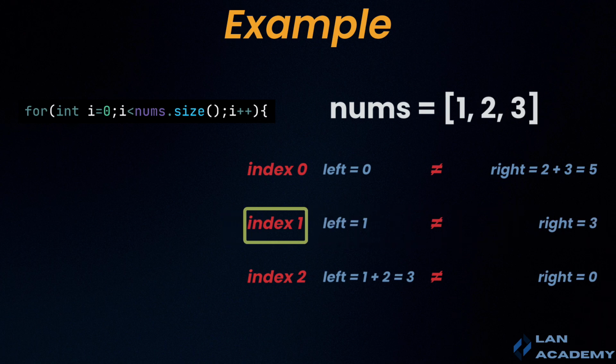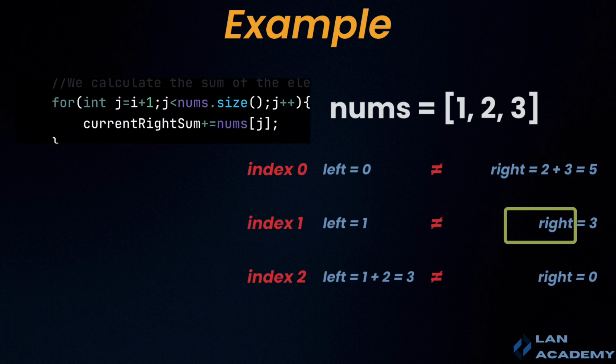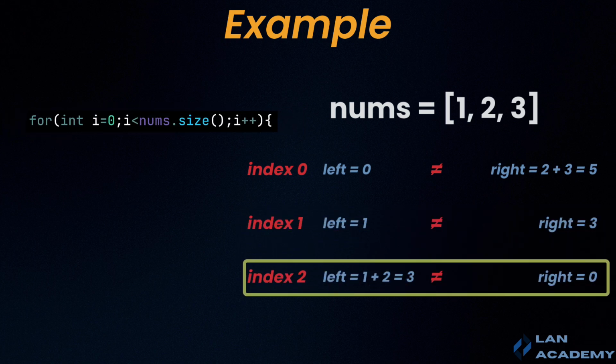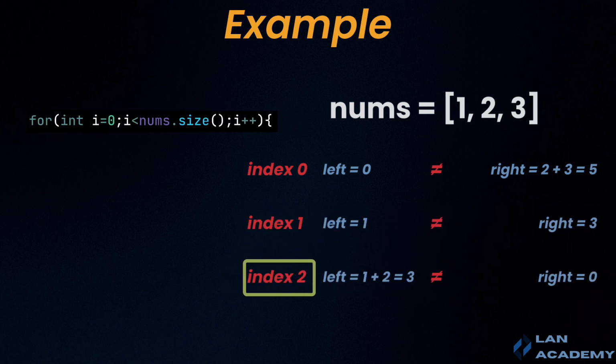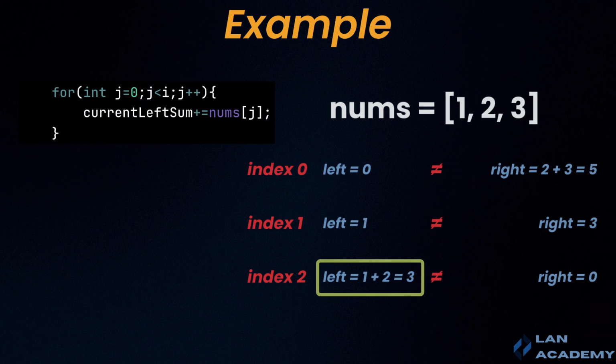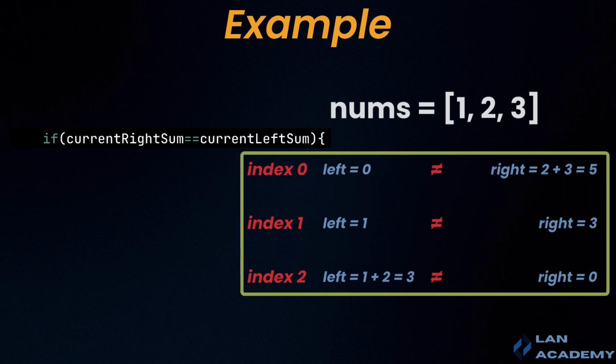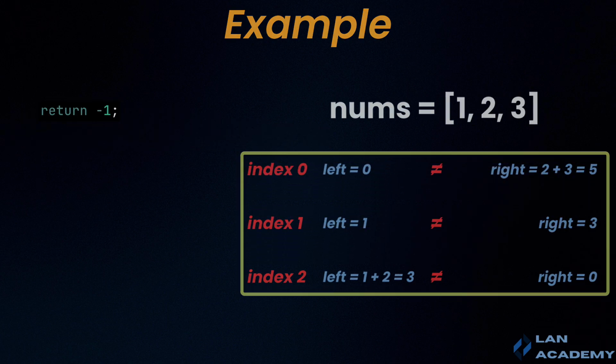Now, I is 1. The left sum is 1 and the right sum is 3. Again, they're not equal, so I move to the next index. When I is 2, the left sum is 1 plus 2, which is 3, and the right sum is 0, still not equal. Since I have checked all indices and found no pivot index, I return -1.